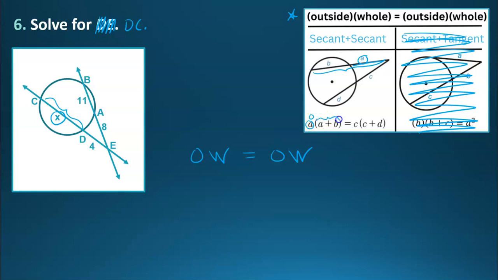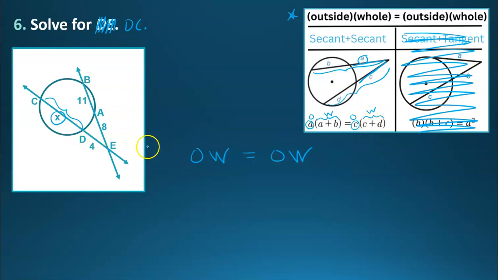All right, so this is the whole. That's going to be equal to, it's ow, ow, so on the other side of the equation, the outside, that's here, just C, times the whole length, the outside and the inside. So that's here. So ow equals ow. Hopefully it doesn't hurt too bad.